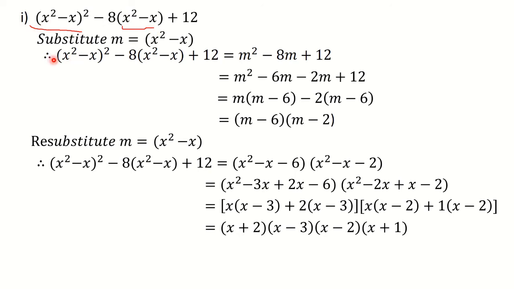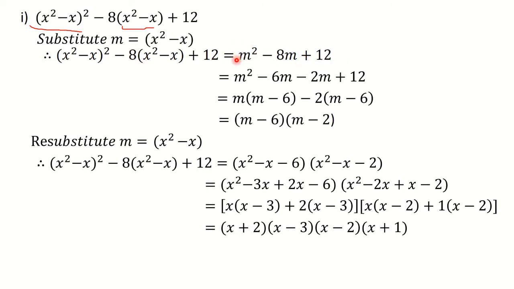So this polynomial, now we can write it like this. This particular bracket is replaced by m, and above you have square. Then afterwards minus 8, in place of this bracket m is written, and plus 12 as it is. Now you can see it's a quadratic polynomial and you can factorize it.